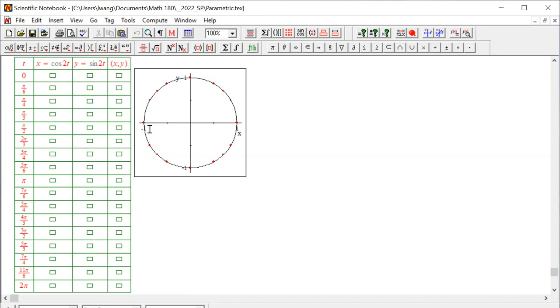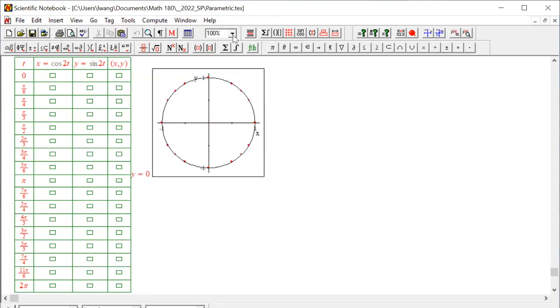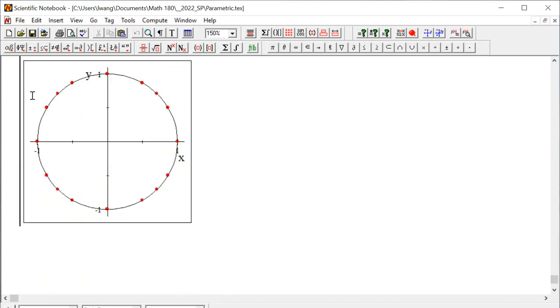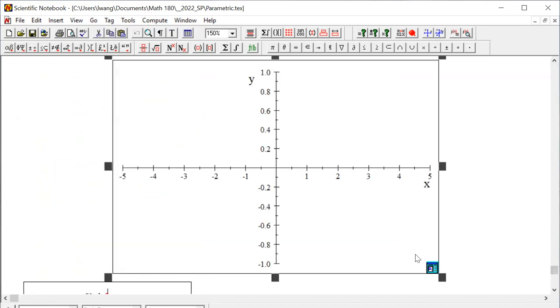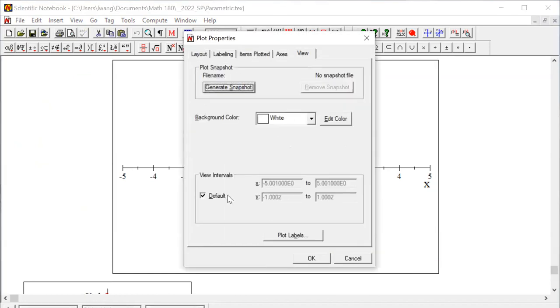I'm going to put it on the side. So y equals 0. We're going to have a unit circle for sure, but we're going to see how the points are gained. And of course, we're going to have to choose different inputs. Just give me a little more time to complete this rectangular system.